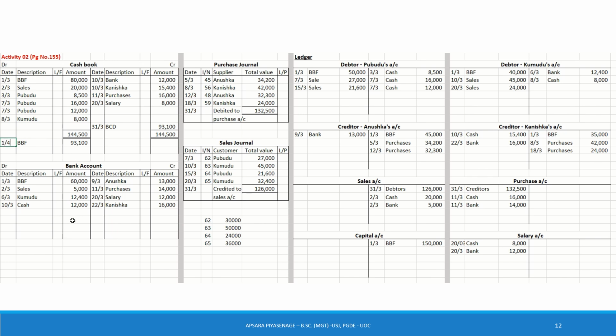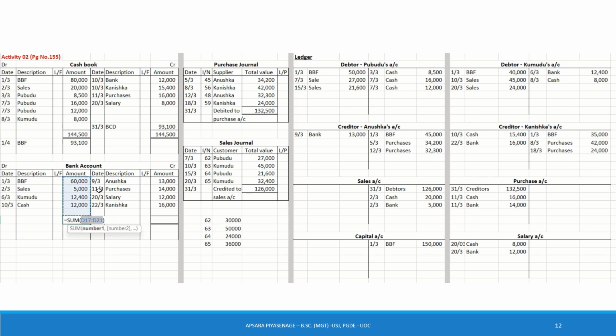Then we will balance the bank account. In bank account, we have to see which side is higher. When you see here, there's 60,000. So this debit side is higher. So get the total first. Put the same to the other side, debit side total.